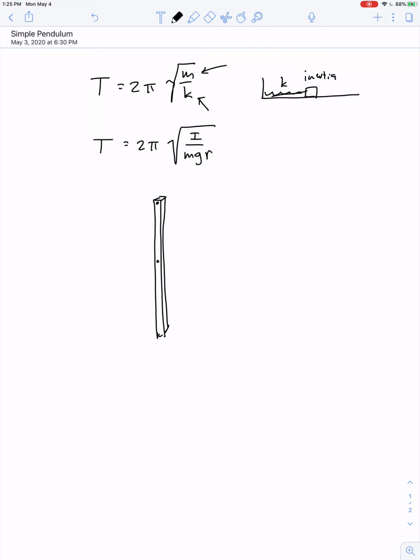If you hinge it at its very center, it doesn't swing at all. So let's imagine the case where it's hinged halfway between, the value of R is equal to L over 4.